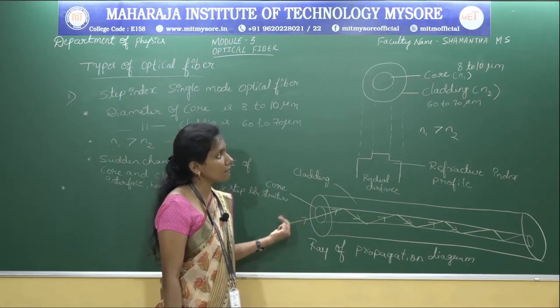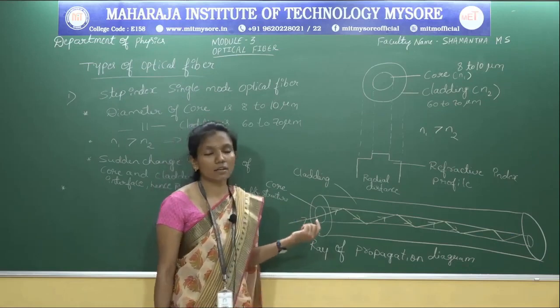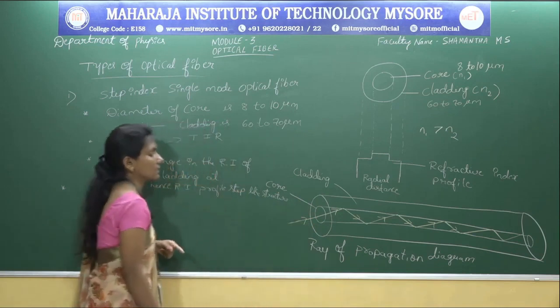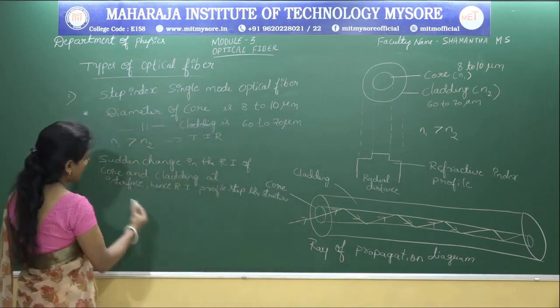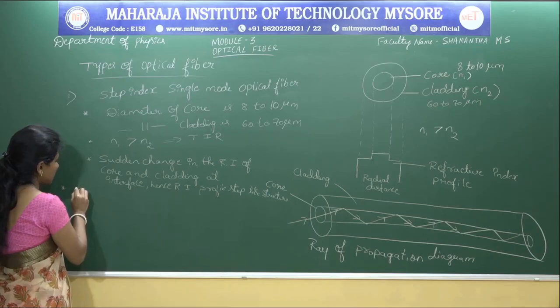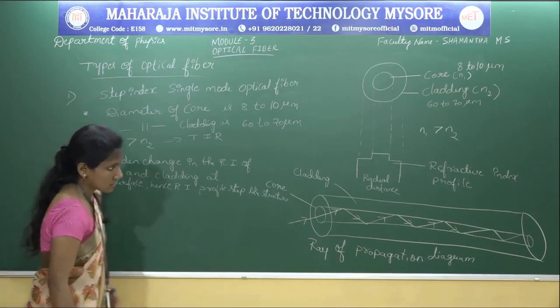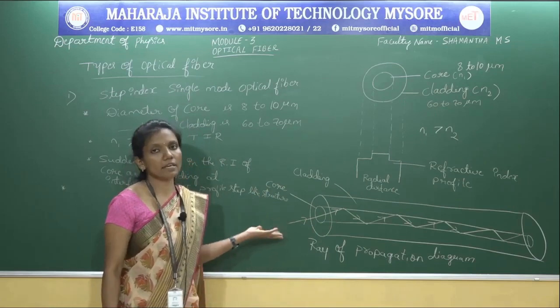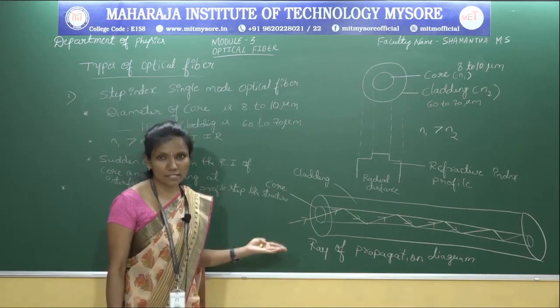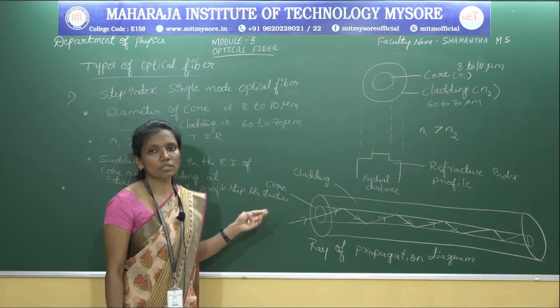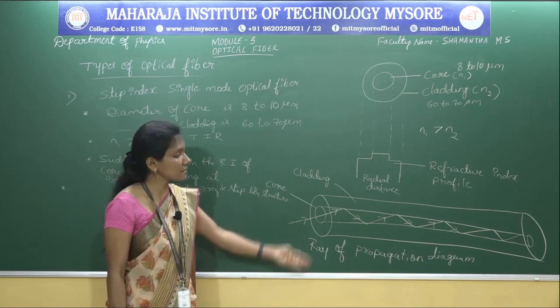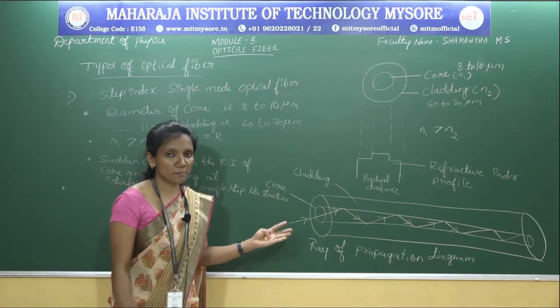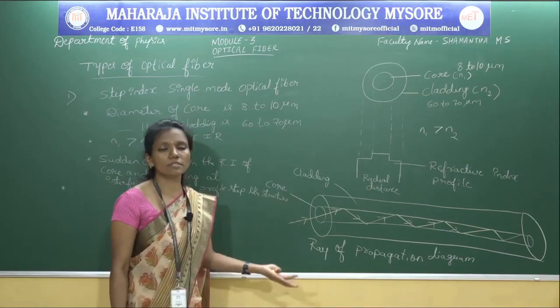Then what are the merits? It is used about 80% of the time, because we can transfer the light signal over a longer distance. It has a higher bandwidth, and since only a single ray of light is passing, there is no dispersion and no loss of signal.